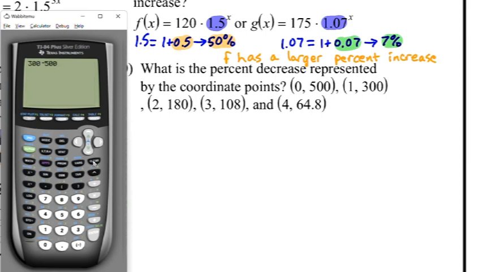So I'm looking at, whoops, I didn't do divided by. 300 divided by 500. All right, I'm going to need to use this.